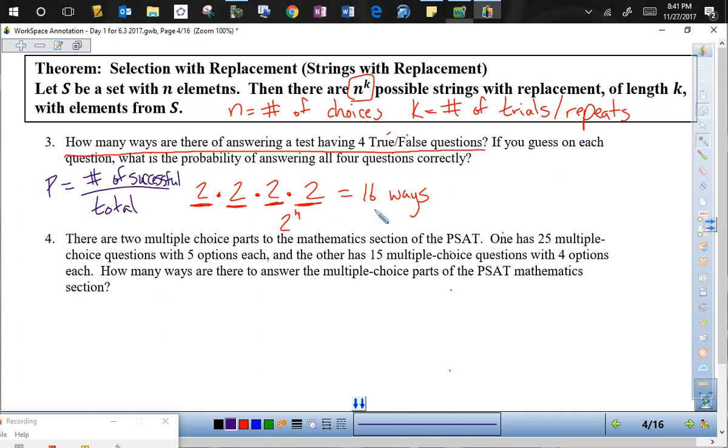If we have 16 different ways to answer the test, there's only going to be exactly 1 that is all right, because when you're making an answer key, there's only 1 correct set of answers. So there's 1 successful over the total number of ways, which we just decided was 16. So the probability of all correct is 1 over 16.